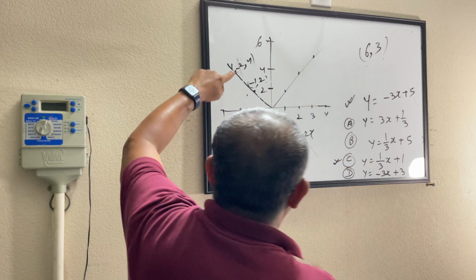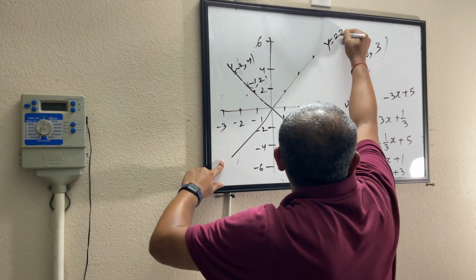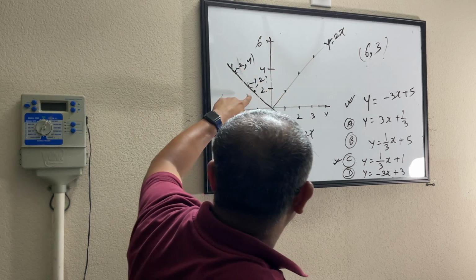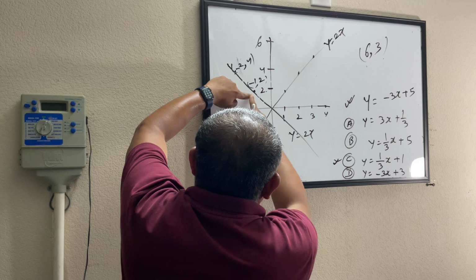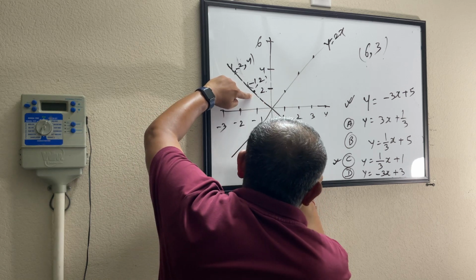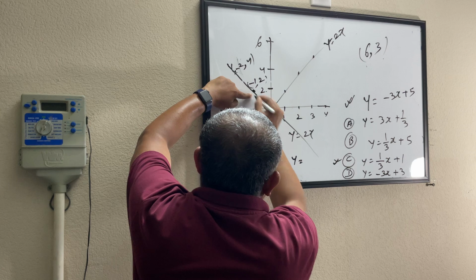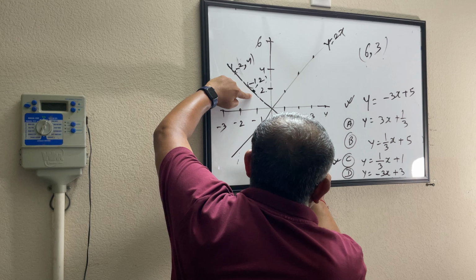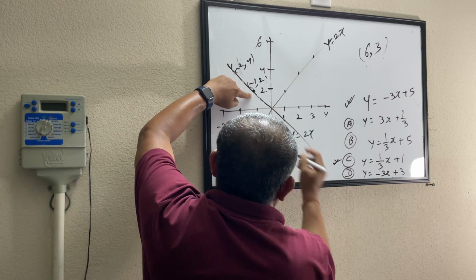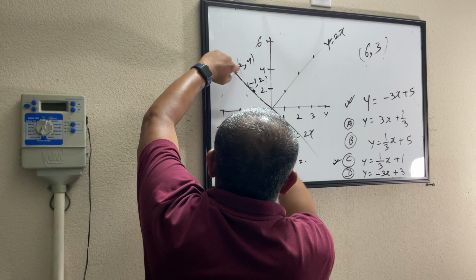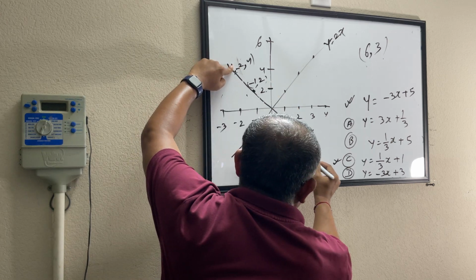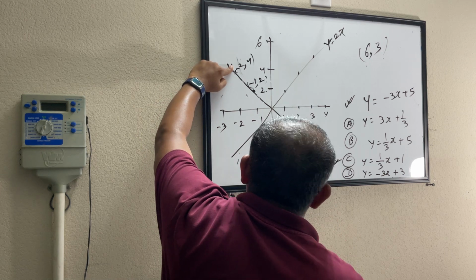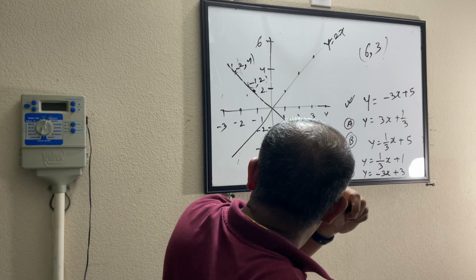So the summary is, I drew a line y equal to 2x in this coordinate plane, and then I have drawn a line perpendicular to this. What I see here is that when y is 2, it's minus 1, and when y is 4, it's minus 2.